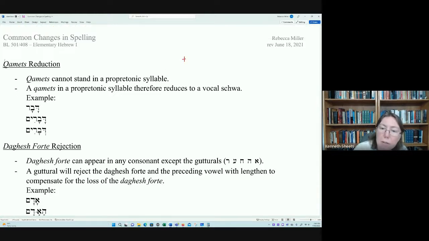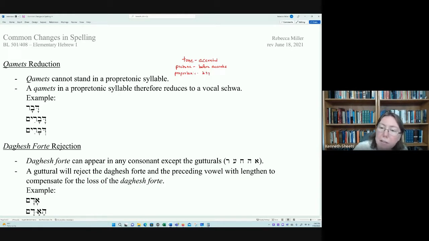And again, this is where we have that idea of tone, which is the accented syllable, pretone, which is going to be before the accented syllable, and then you have propretonic, which is two syllables away.